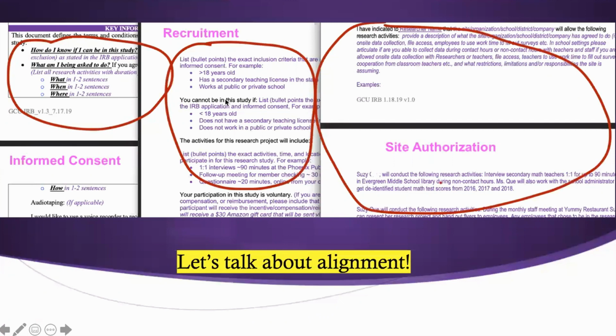So when you put yourself in the position of the IRB process, I thought if you could think a little bit like a reviewer and what we're looking for, that would really be helpful. When I review IRB applications and when our team looks at information, we make sure that everything that you ask the participants to do is aligned across the informed consent, across the recruitment documentation, and that the folks at the site know exactly what you're asking them to do and what those participants are going to do.